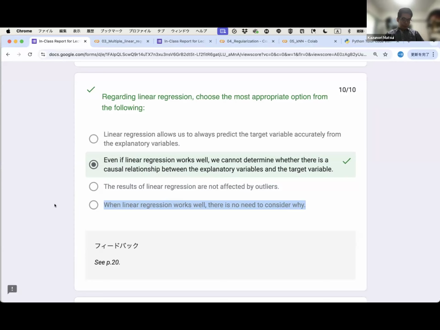As I mentioned earlier, since we cannot determine whether there is a causal relationship, it might just be a coincidence that such a linear relationship worked well, so we need to think about the reason. So the second option is the correct answer.